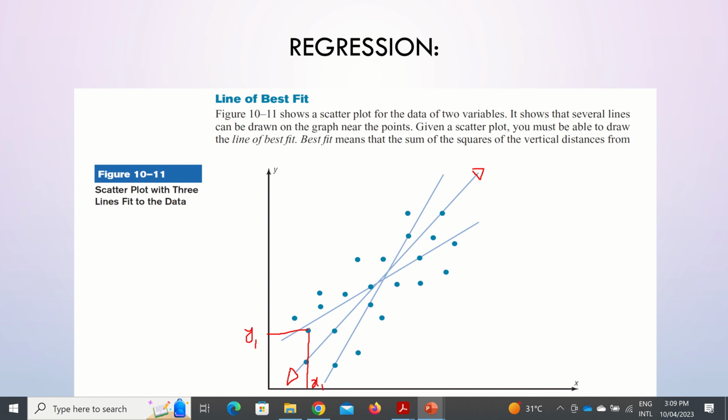This value is known as the observed value, whereas the value lying on the regression line is known as the predicted value. That's the value we usually predict.